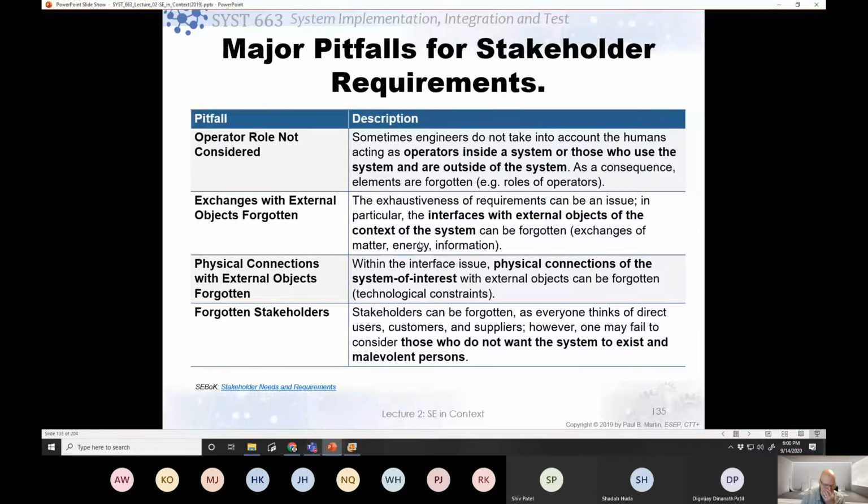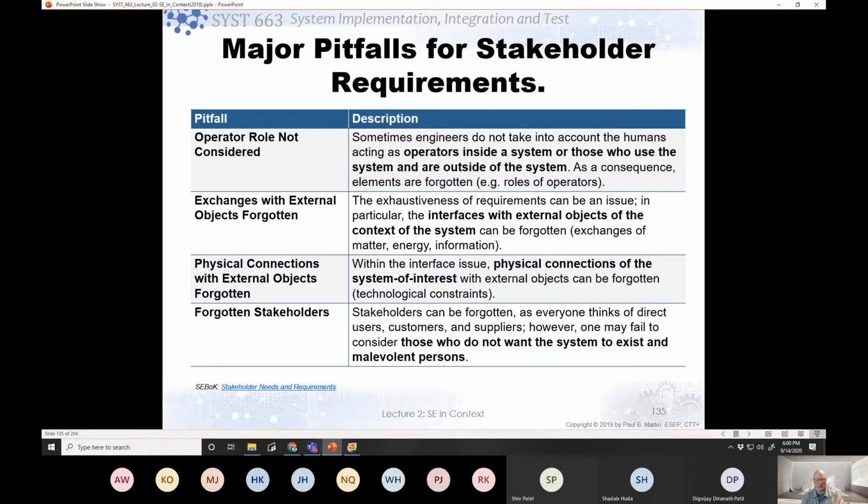There are some pitfalls if you don't think about your stakeholder requirements, especially if you're thinking about people that are inside the system. You don't have that problem with the pomegranate, but if it's a larger system, a lot of times people forget that there are operators who actually have to touch and work the system. A lot of times we forget that within the context of the system, there's a greater context that you're in, and you're putting data out into these other systems, and you've got to take them into account.